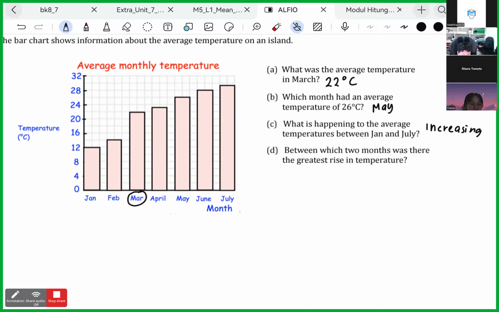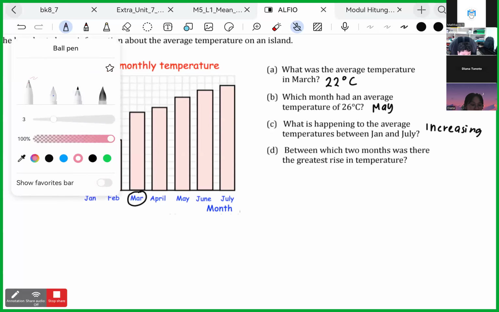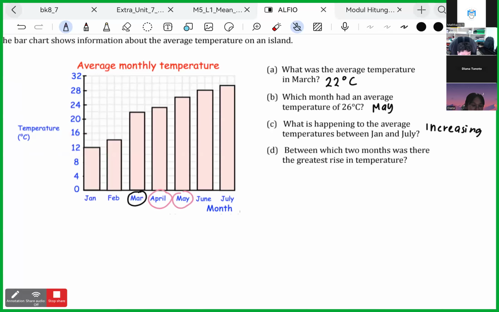For example, between April and May, the gap is, May is 26 minus April is like 23. The gap is 3 Celsius. And then try another one, for example, May to June.